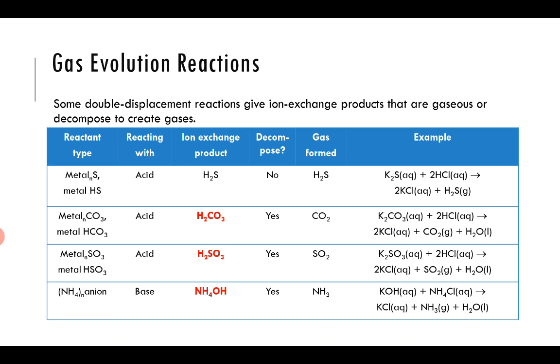For our gas evolution reactions, you will do your double displacement reaction pattern, but you have to recognize that some ion exchange products are either gases or will decompose into gases. And so here we have ion exchange products that will decompose.